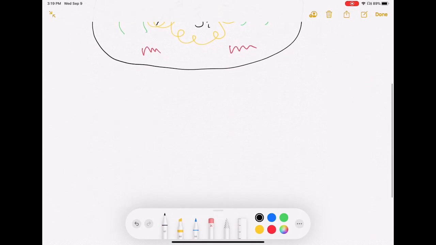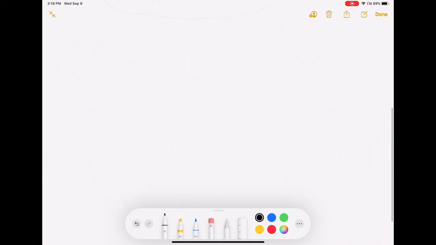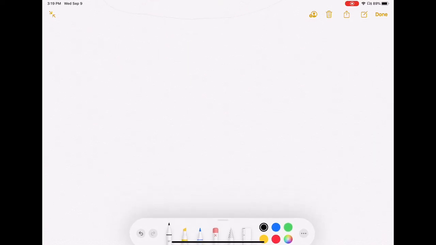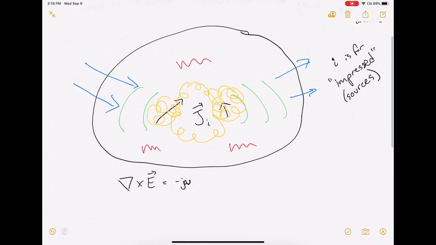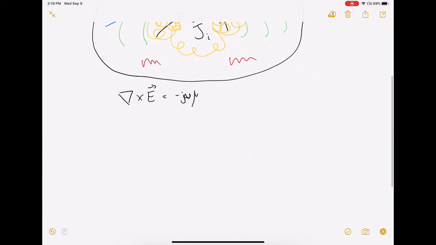I'm going to derive the Poynting theorem for you starting from Maxwell's equations. So, we start with Faraday's law. And Ampere's law.